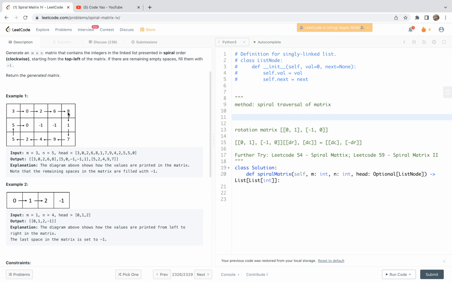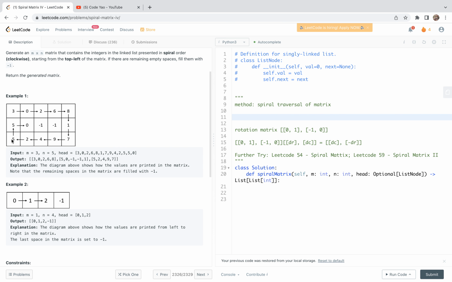Then as we arrive at 8, we're going to change direction by 90 degrees. So we walk downwards towards 7. Then when we reach 7, we're going to move horizontally to the left up to 5.